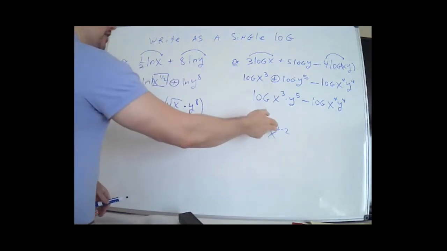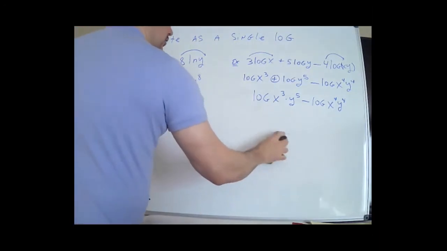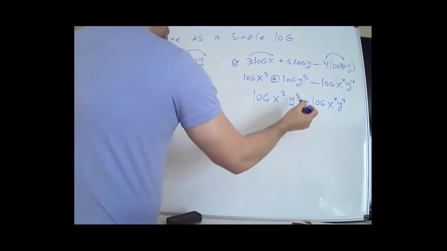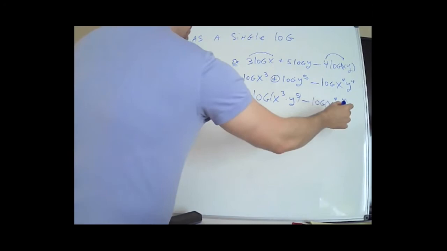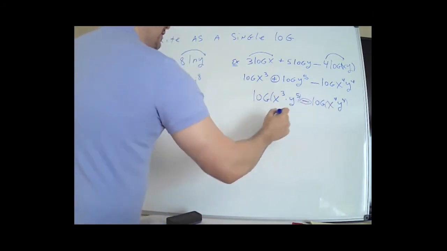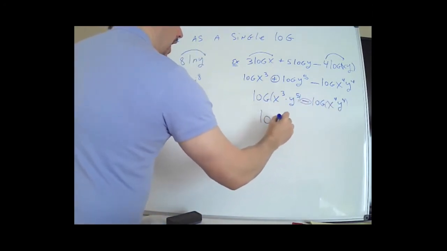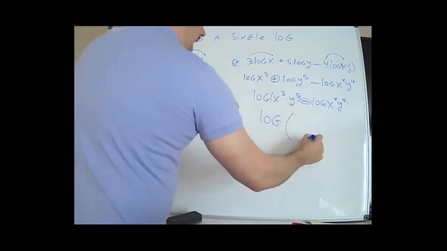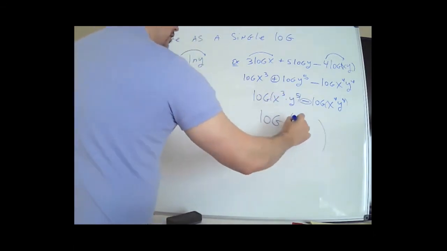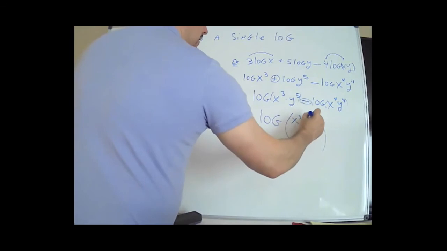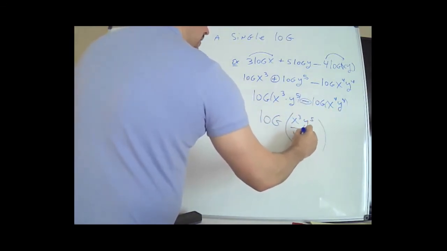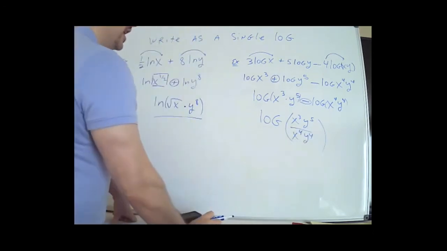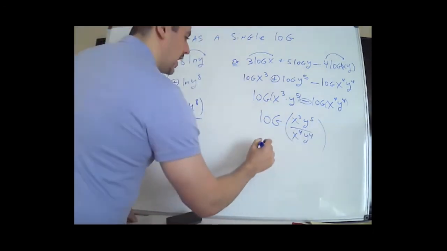Multiplying and adding go together. Subtracting and dividing go together. So when you see the minus with the logarithms, it means you divide whatever is next to them. So this is going to turn into division. So now I have one log. Everything here goes on top, and everything here goes on the bottom. Now we've got to be a little more sophisticated, right? We've got to do our subtraction.